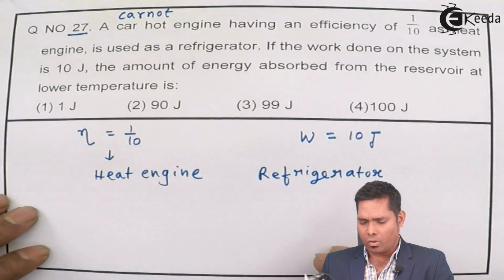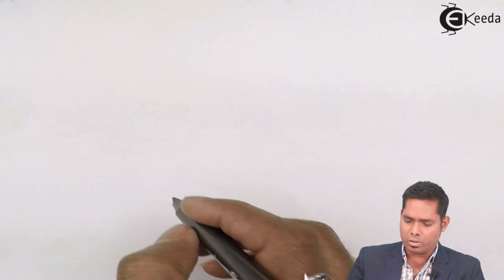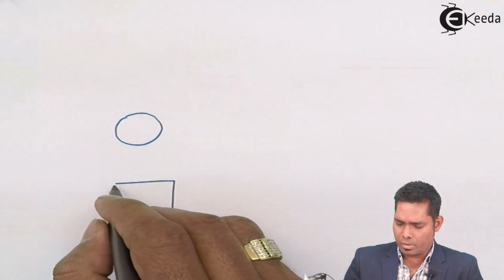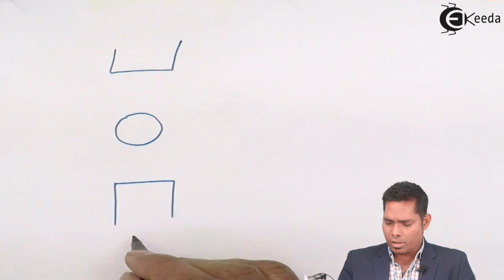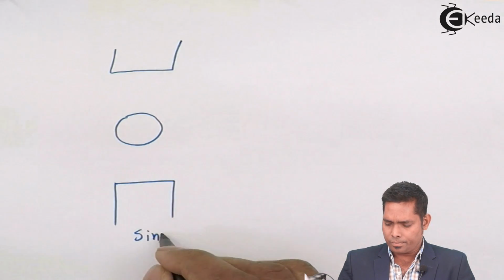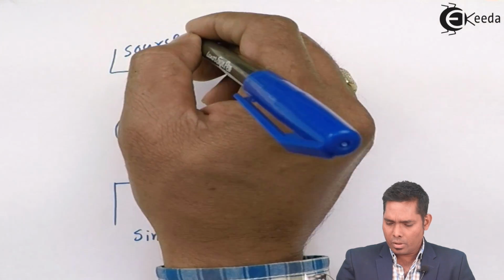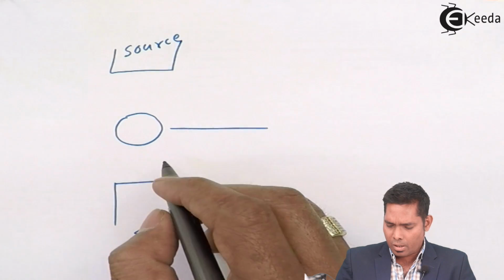Let us draw the schematic diagram to understand how this refrigerator works. The refrigerator works like this. This is called the sink, this is the source, and this is the working substance.